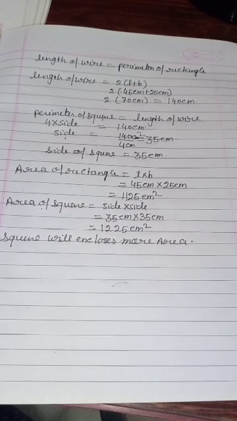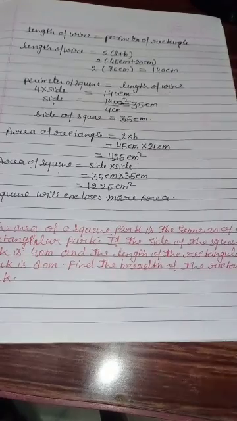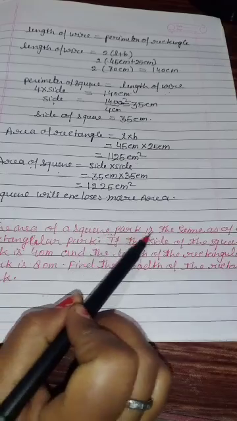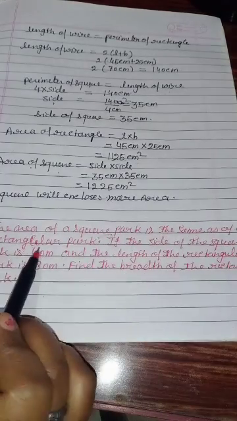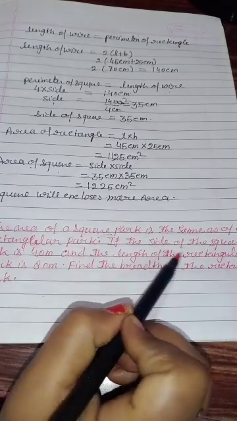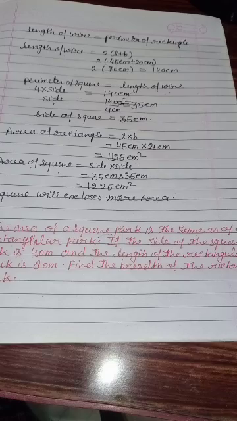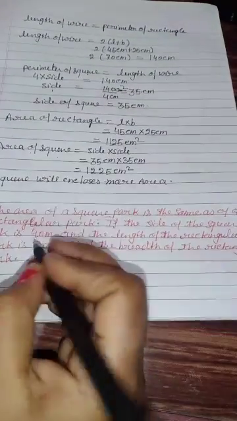Now we are coming to question number 6. See, beta, the area of a square park is the same as the area of the rectangular park. This time the areas are equal. If the side of the square park is 40 meter, see what the question is.